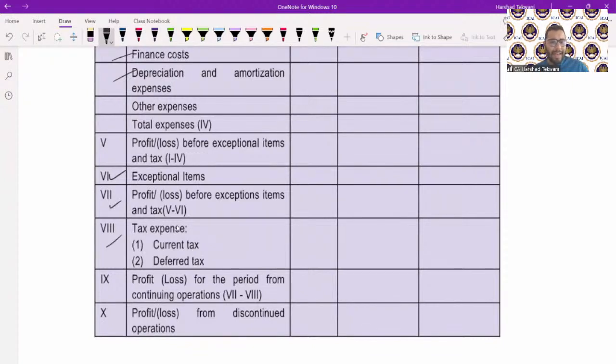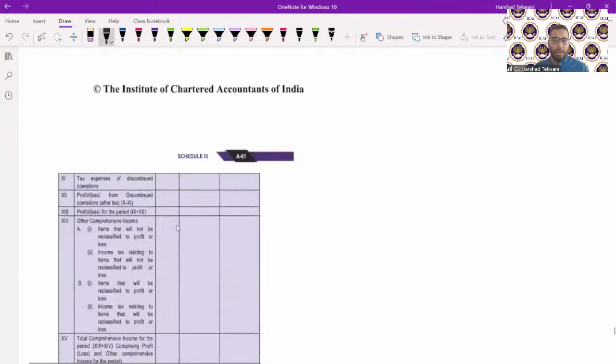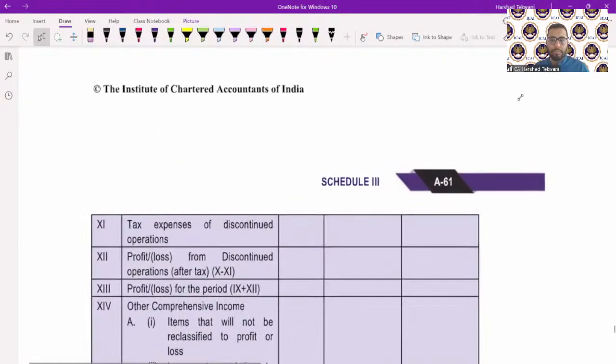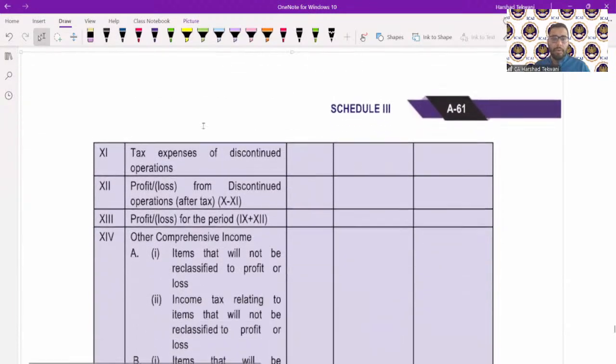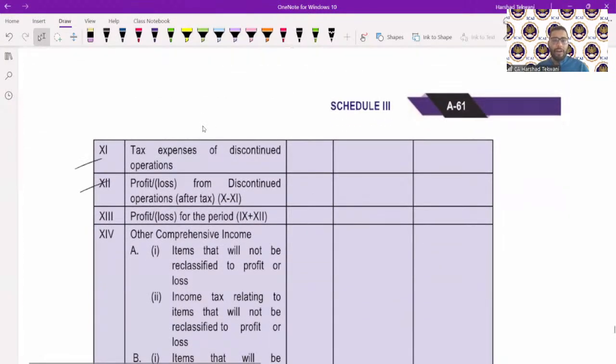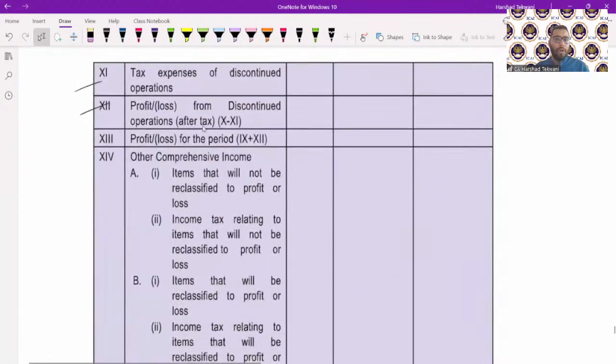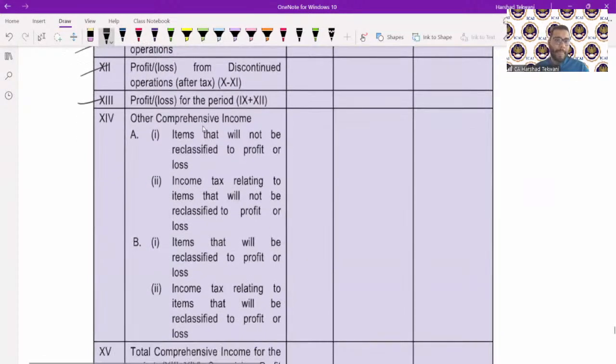Then tax expenses, profit and loss for the period from continuing operation, then discontinued operation, tax from discontinued operation, then profit and loss from discontinued operation, then you say profit for the period. Now there is a change.